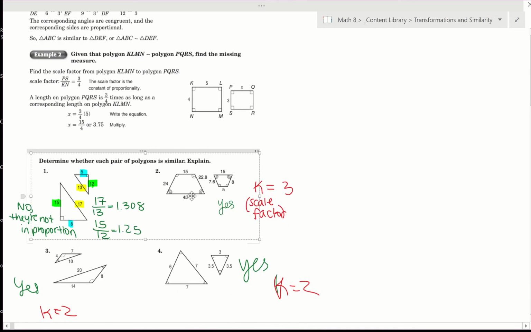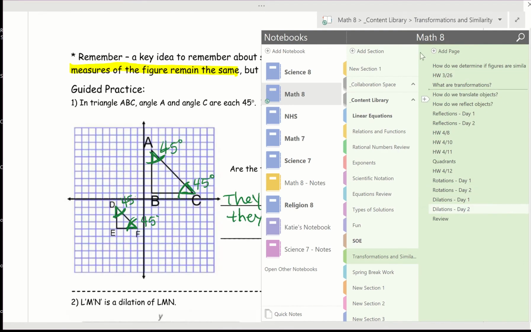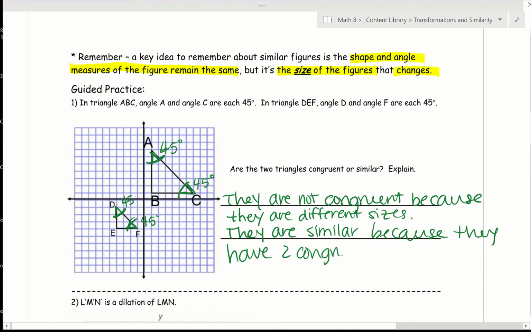They have the same angles. So they are similar because they have two congruent angles.